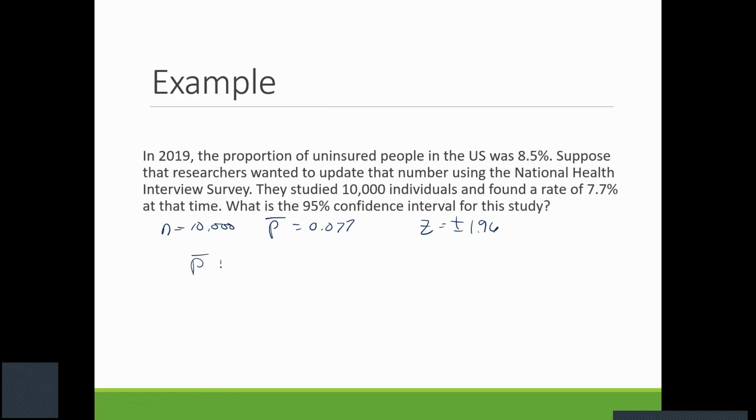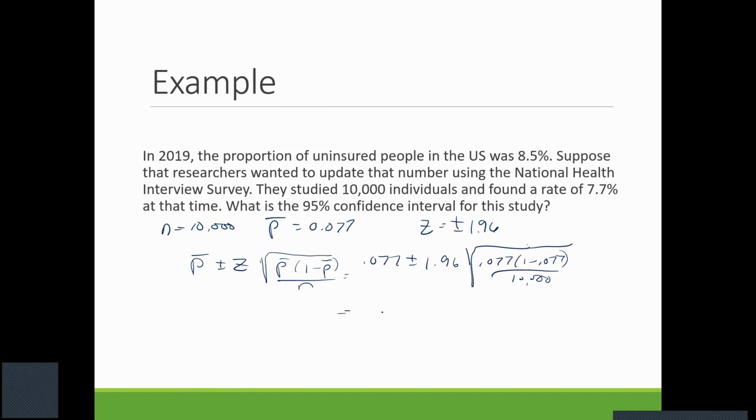So our formula is P bar plus or minus Z times the square root of P bar times 1 minus P bar over N, which equals 0.077 plus or minus 1.96 times the square root of 0.077 times 1 minus 0.077 over 10,000, which is equal to 0.077 plus or minus, turns out to be about 0.005, which on the low end gives us 0.072, and on the high end gives us 0.082.